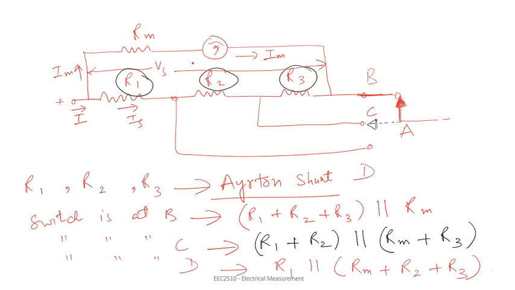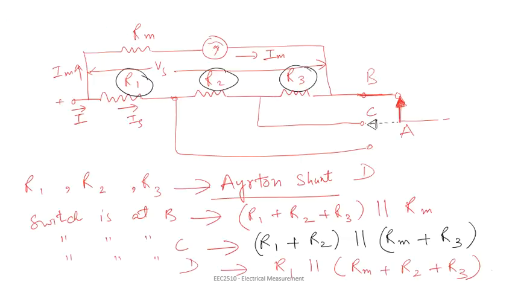Whatever I have drawn, you just draw it for this problem. The resistance values R1, R2 and R3 are given as 0.05 ohm, 0.45 ohm and 4.5 ohm respectively. Rm equals 1 kilo ohm and full scale deflection is 50 microampere. You have to calculate the 3 different ranges of the ammeter.